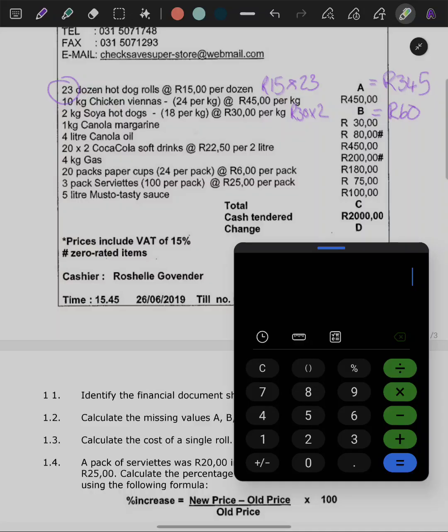So we start with the first one, 345 plus 450 plus 60 Rand plus the 30 Rand, and you just go all the way down the list.